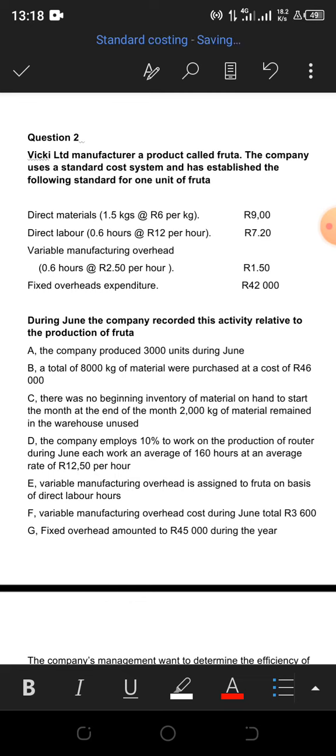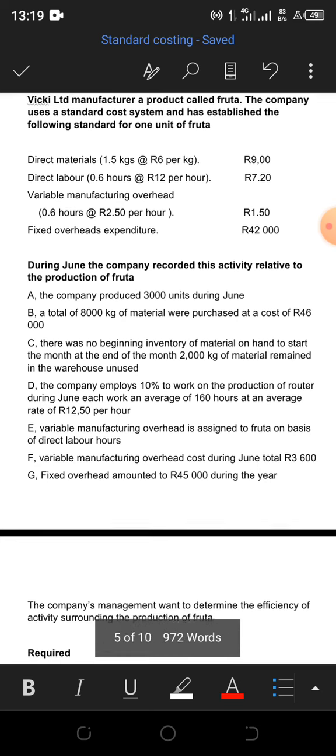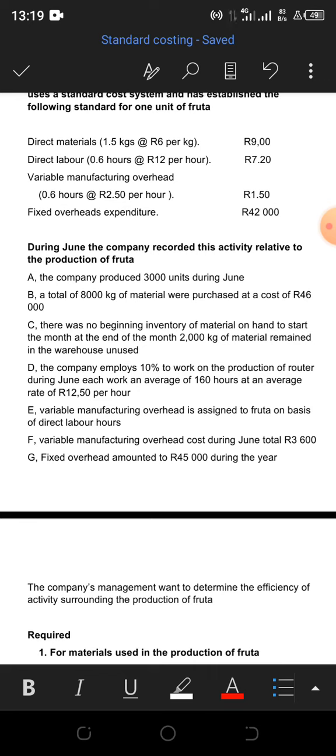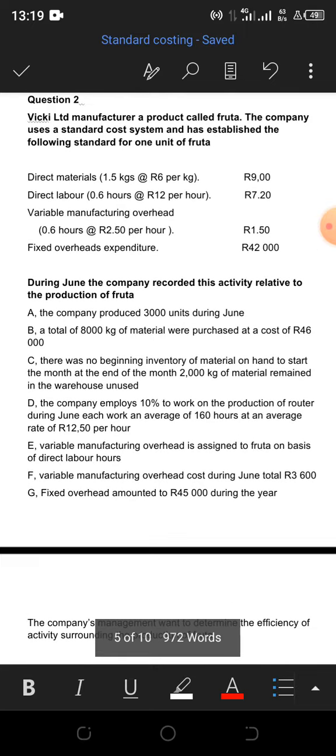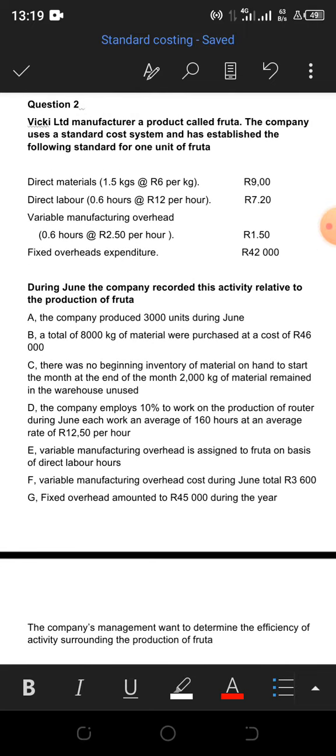Okay, number E, they say under actual, the variable manufacturing overhead is assigned to Fruta on the basis of direct labor hours. Number F, the variable manufacturing overhead cost during June totals 3,600 rand. So those are the two things we have to calculate, the actual rate and actual hours.